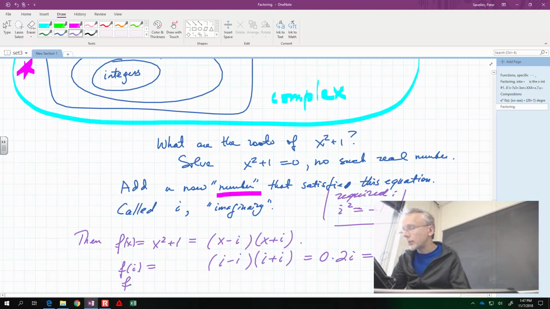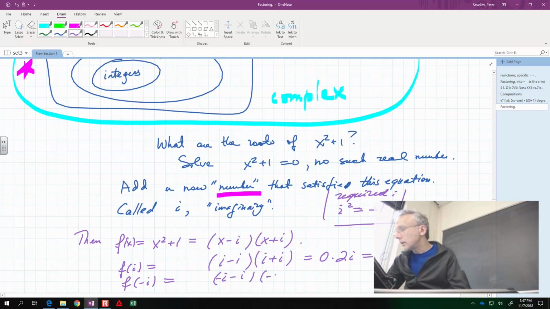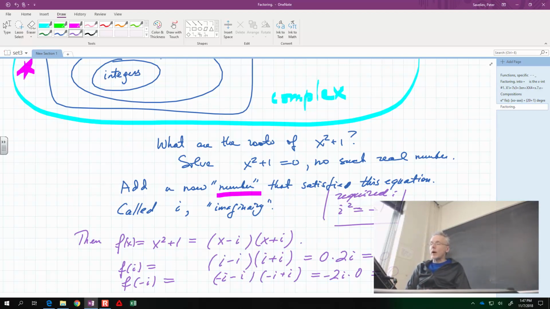If I plug in negative i, the same thing happens. I have negative i minus i, times negative i plus i. I have negative 2i times 0, and it is equal to 0. So as far as we can tell, that number i indeed satisfies our equation.